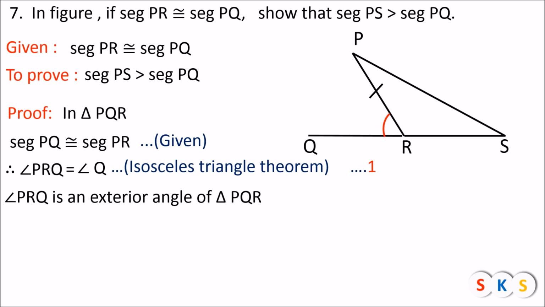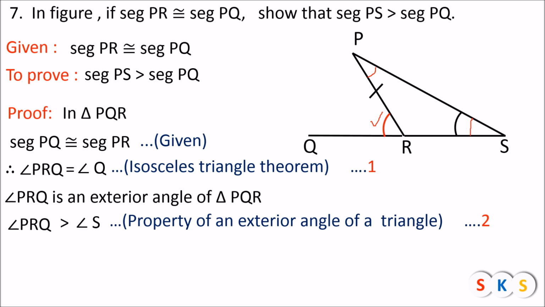So this angle is the exterior angle, and angle P and angle S are known as remote interior angles. Exterior angle PRQ is greater than angle S according to the property of an exterior angle of a triangle. It's equation number 2.